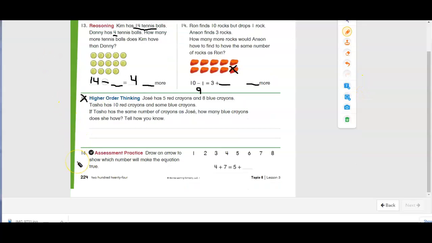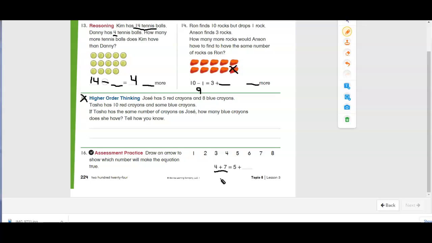And for our last problem, problem 16, it says draw an arrow to show which number will make the equation true. We have 4 plus 7 equals 5 plus blank. So first you need to solve 4 plus 7 so that you can see what number both sides of the equal sign need to equal. 4 plus 7 equals what?